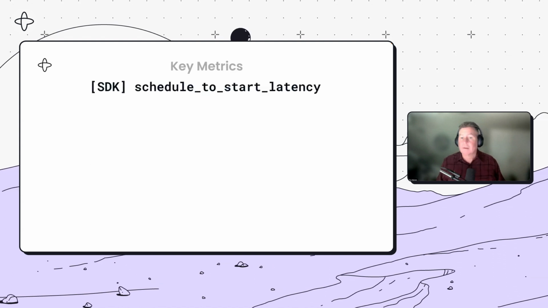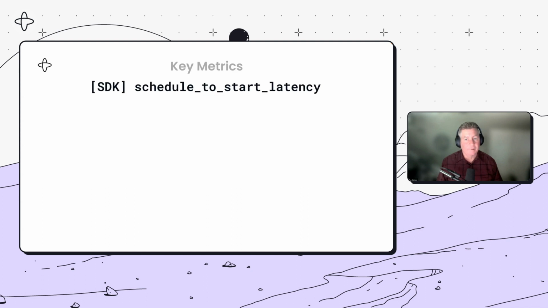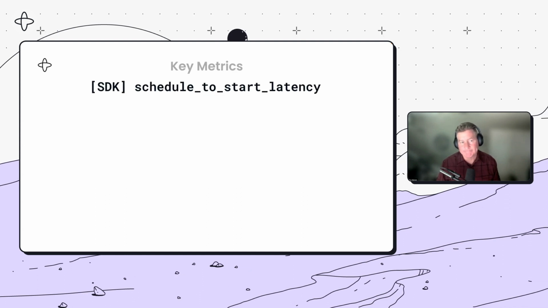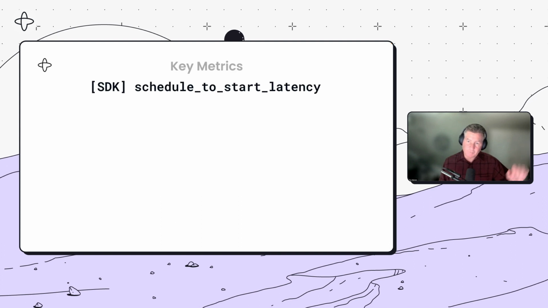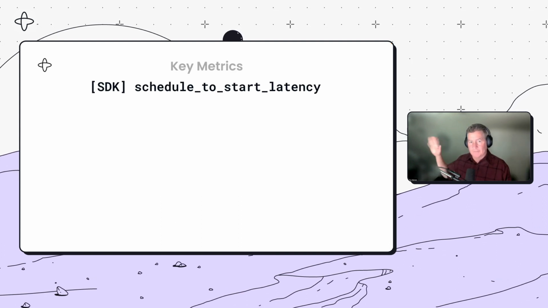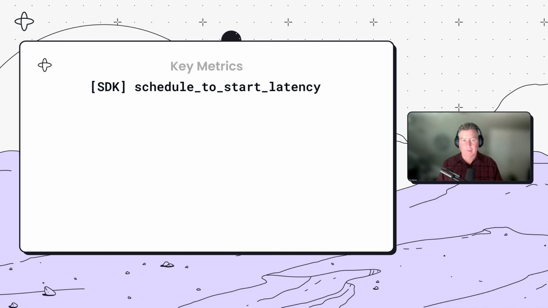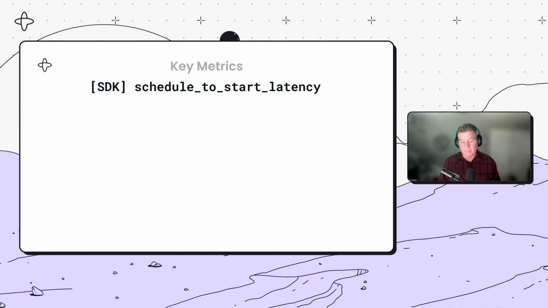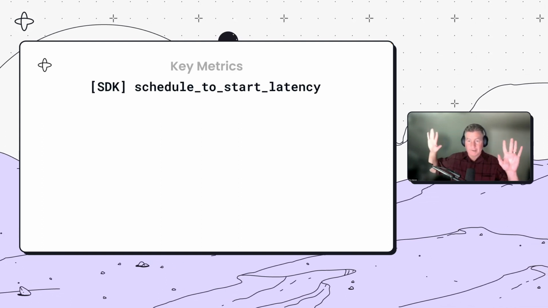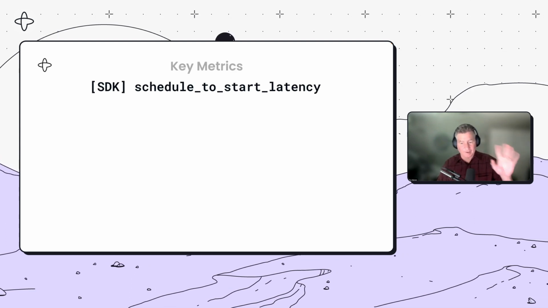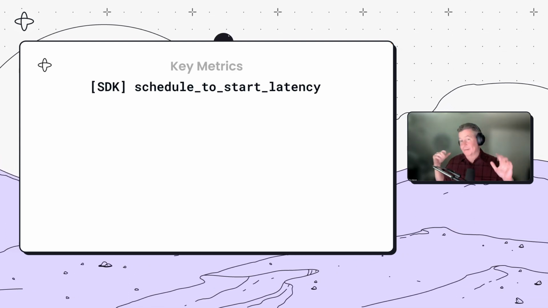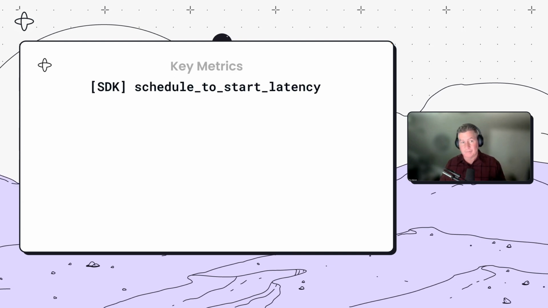So very important metric here, schedule to start latency. There are two different variants of these. There's workflow schedule to start latency and activity schedule to start latency. By now, hopefully I've separated the workflow and the activity task in your mind, and also how those are getting executed on your worker. So hopefully this makes some sense to you now.